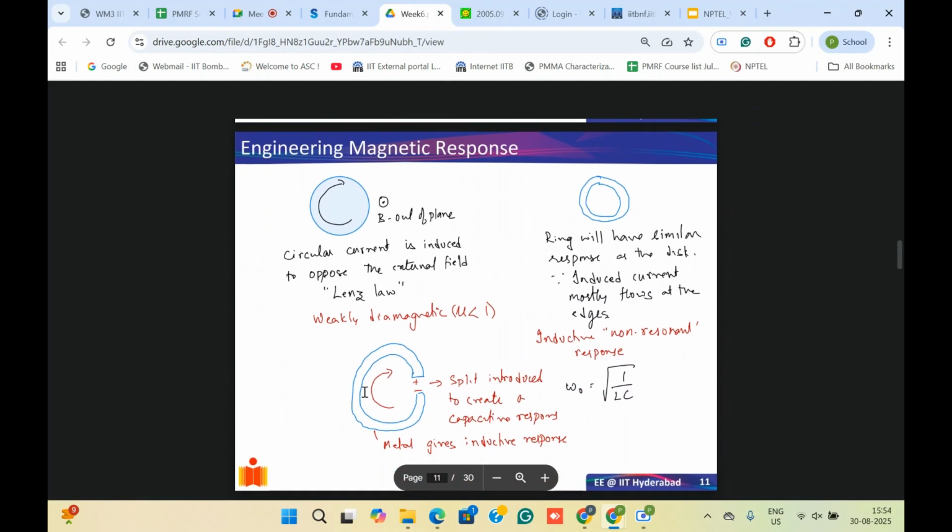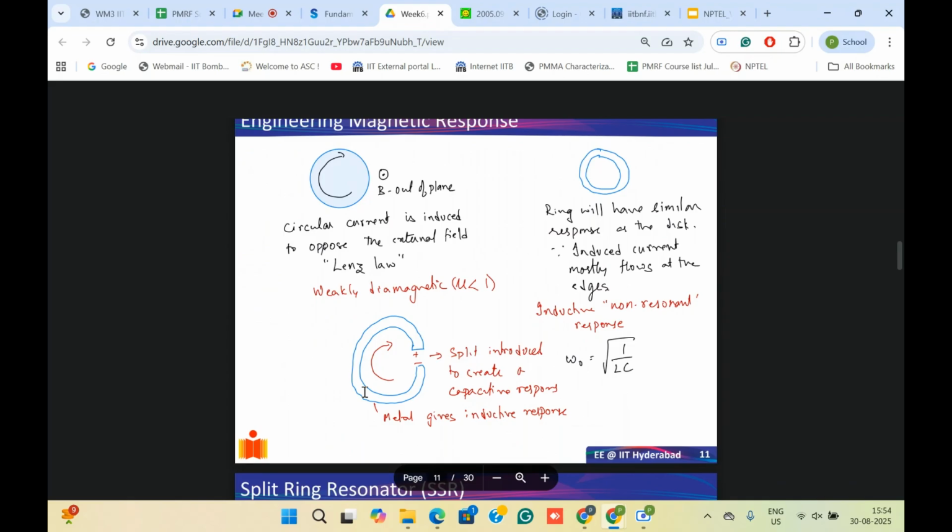Similarly, how can we engineer the magnetic response by introducing circular current in the structures, given by Lenz's law?